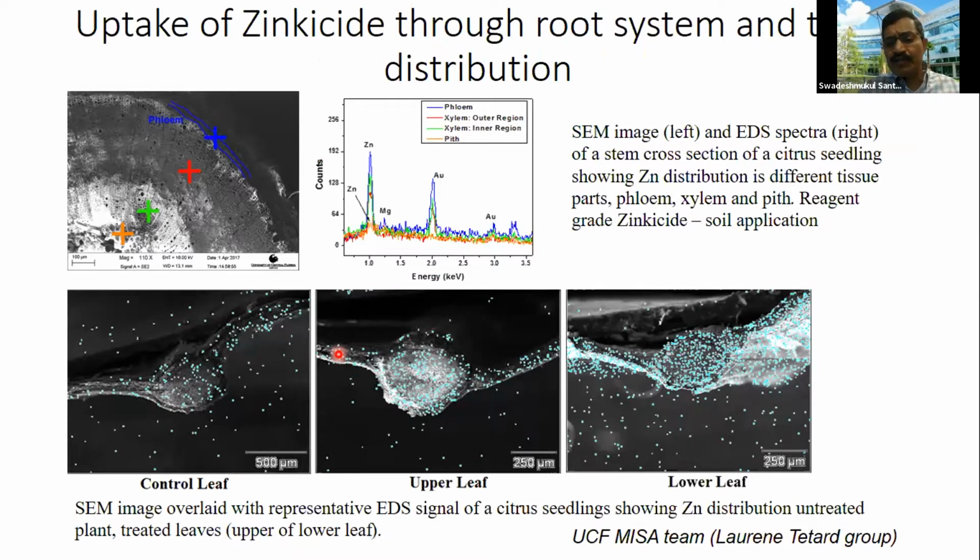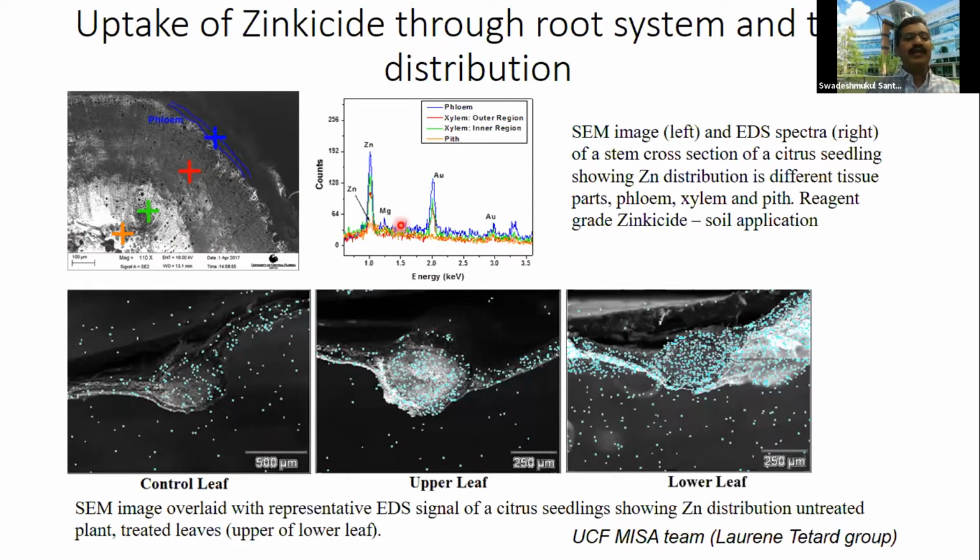Now, my colleague, Dr. Titar in Physics and the Nanocenter, did a fantastic job demonstrating how this Zinkicide zinc can move when we apply it in the soil. What I'm showing you is the EDS mapping, the cross-section of the plant tissue, where the blue dots represent the metal zinc.